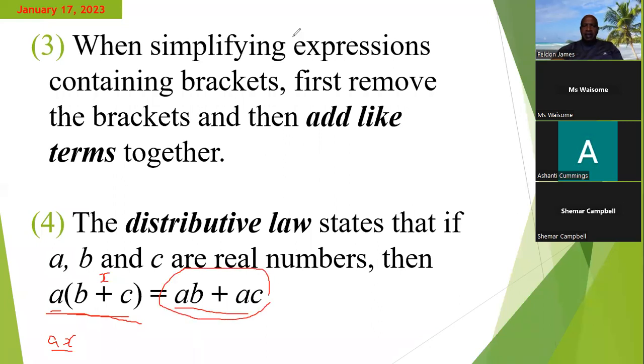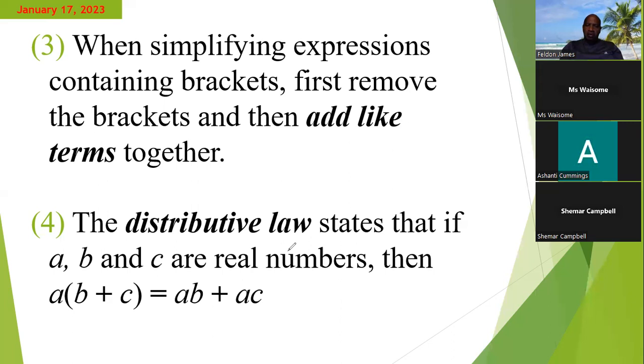Now, generally when you're removing the bracket, we say you're expanding the bracket. So when you're expanding the bracket, you will get the distributive multiplication, and you'll get each term based on the multiplication.